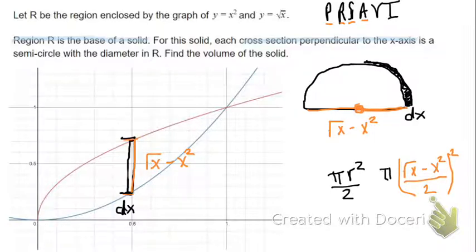Right? So this would be pi r squared, because that orange stuff inside is the radius. Now I'm taking the radius, squaring it, multiplying by pi, so I have the full circle. But then I only want half a circle, so I can go ahead and multiply that by 1/2, divide it by 2, whatever you want to see it as. So this is the area of one of those slices.